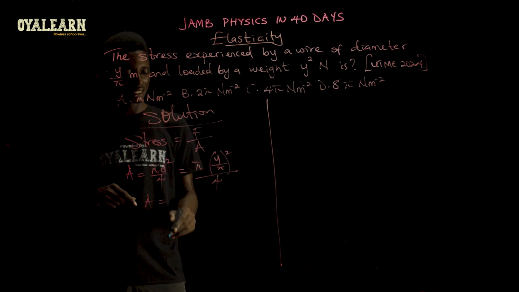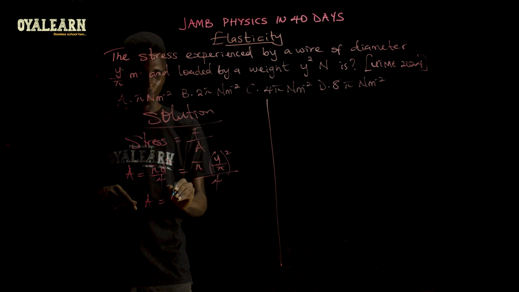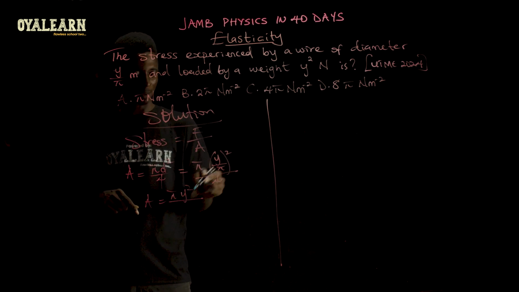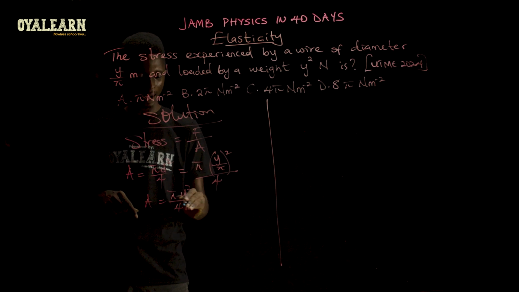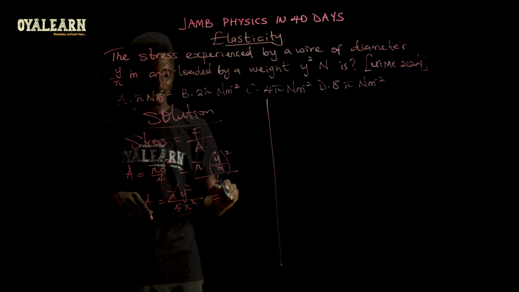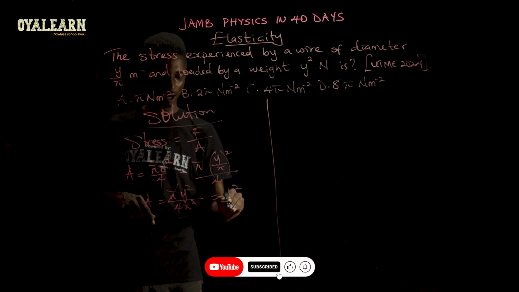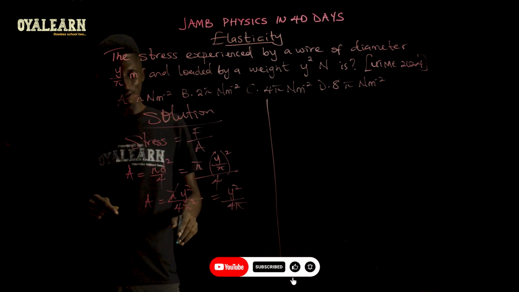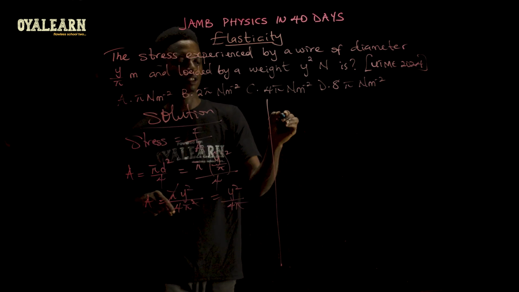So from here we can then see that the area is therefore pi multiplied by y squared, all divided by 4 pi squared. So this pi here cancels one of the pi, and then the area is y squared over 4 pi. That's area. So now let's go on to find stress.